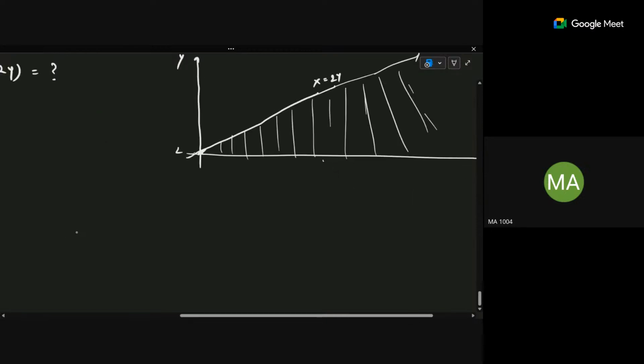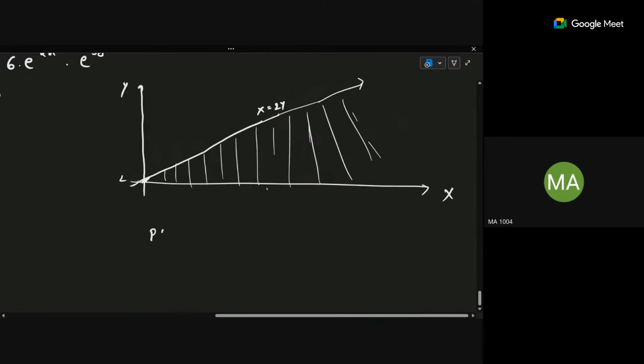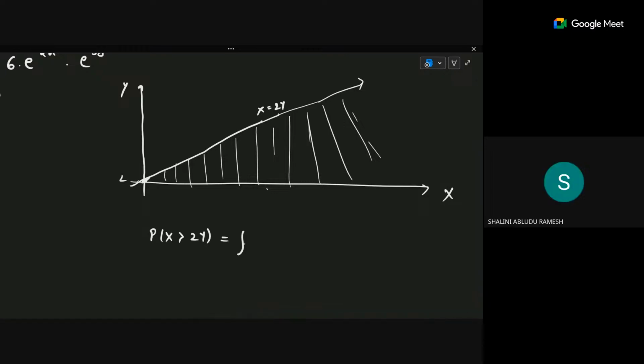So the probability that x is greater than twice y is the integral over x from 0 to infinity, and y from 0 to x by 2.